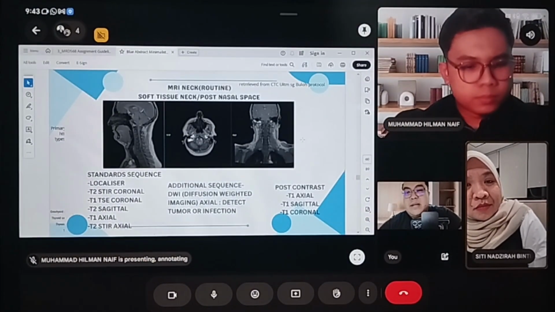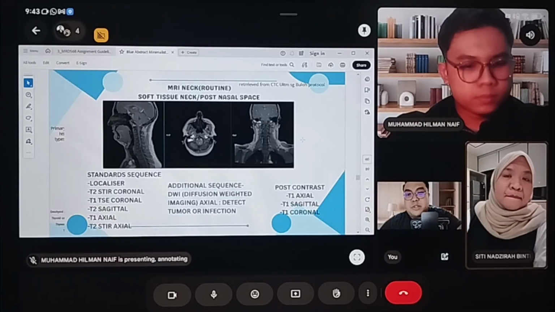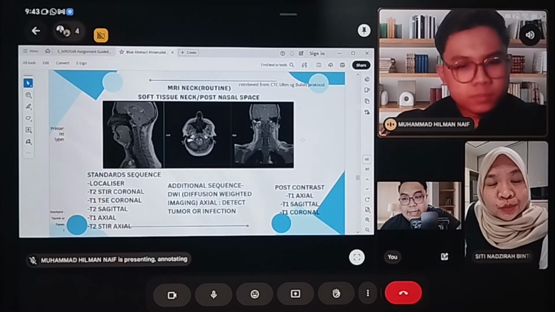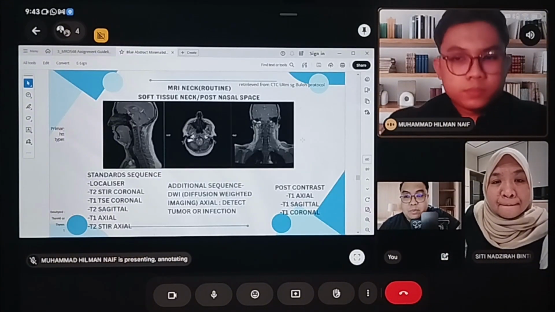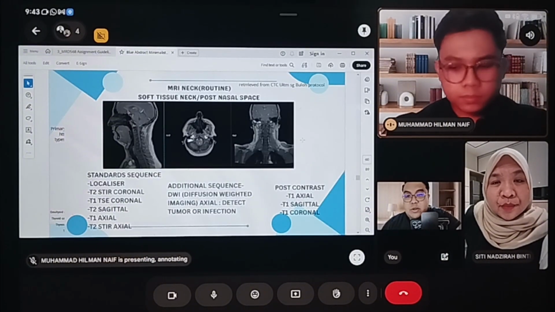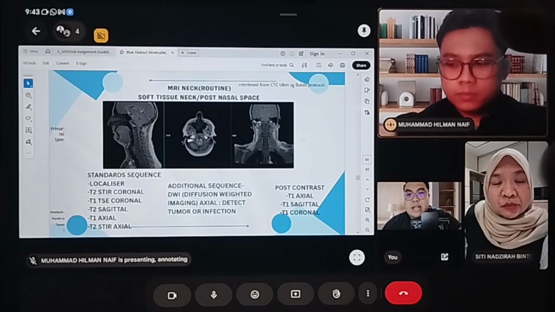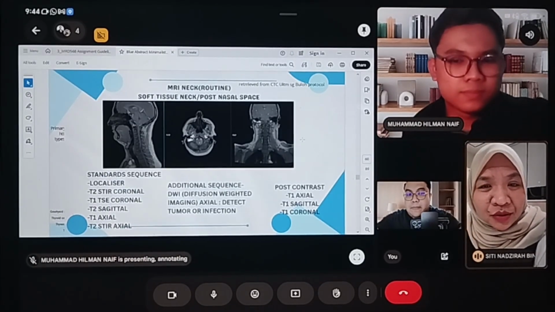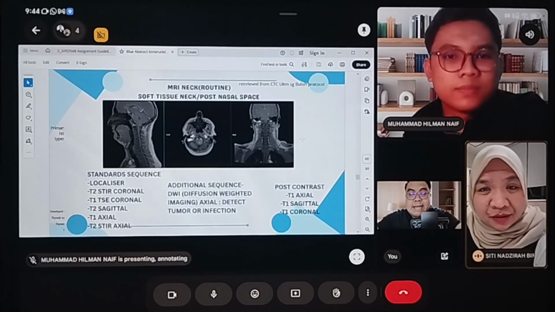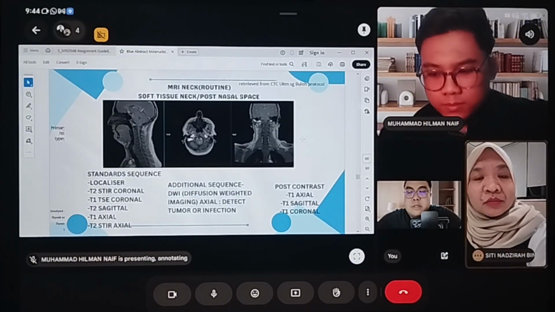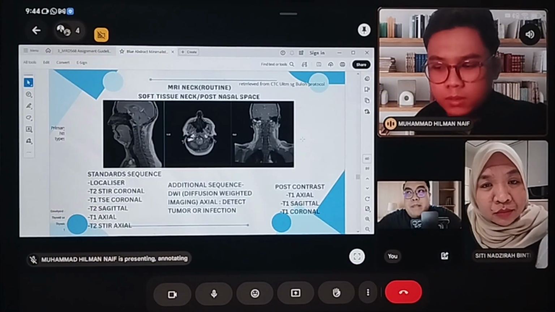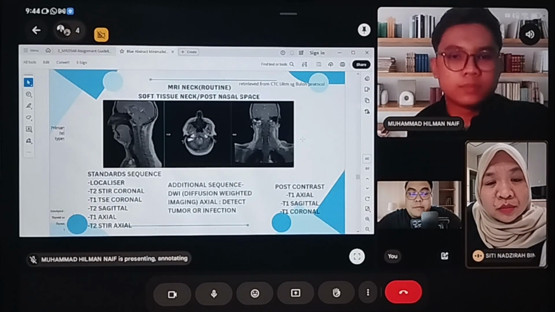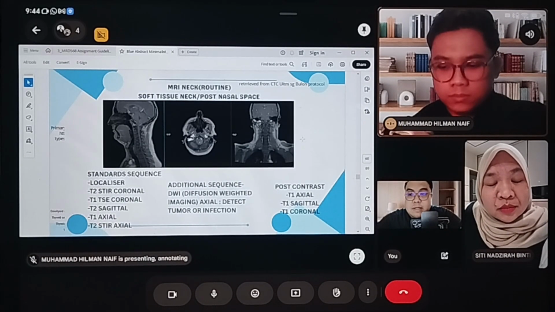I will cover the MRI neck routine, soft tissue, prosthesis space. These protocols I got from the CTC Sungai Buloh. For the standard and additional sequences, we'll cover this one. And next slide, this one is based on my hospital guidelines, because mostly our protocol we got from the HKL. Yeah, we follow the HKL protocols.